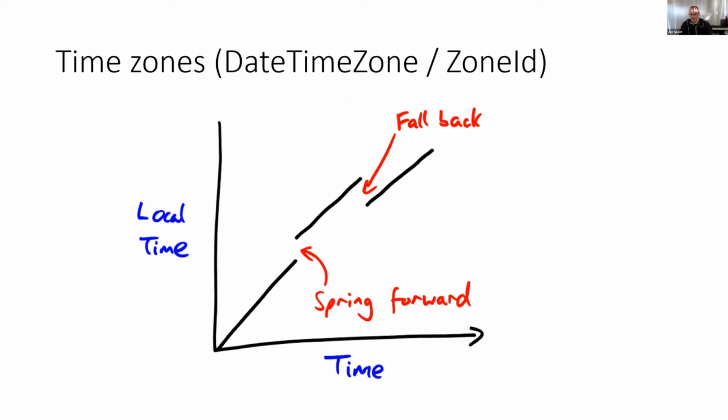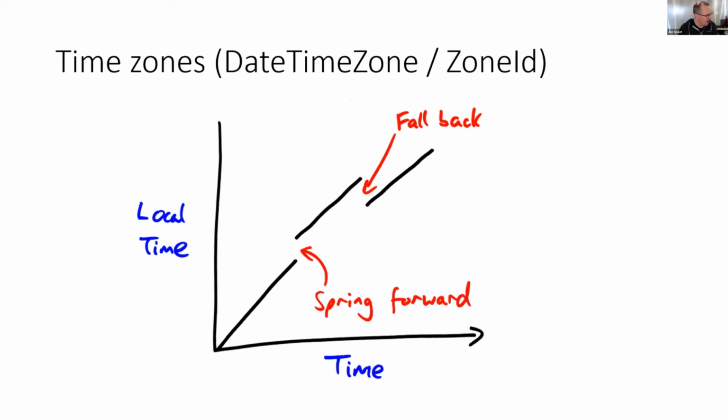And we can demonstrate that with this graph that I've got here. So if the x-axis I've got as time, so that's instants in time, and local time, that's as in local date and time, it kind of goes up. The tricky bits are where the graph breaks. So I've got those two things in red. There's the spring forward.